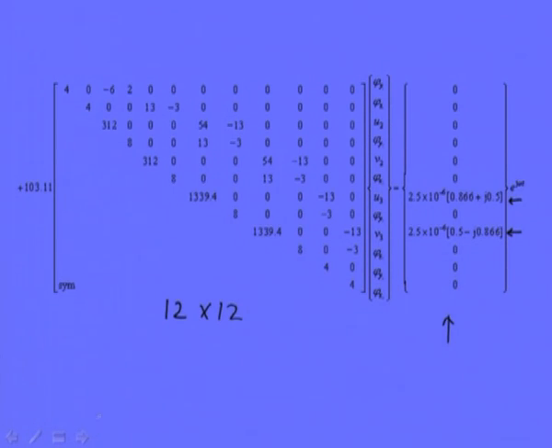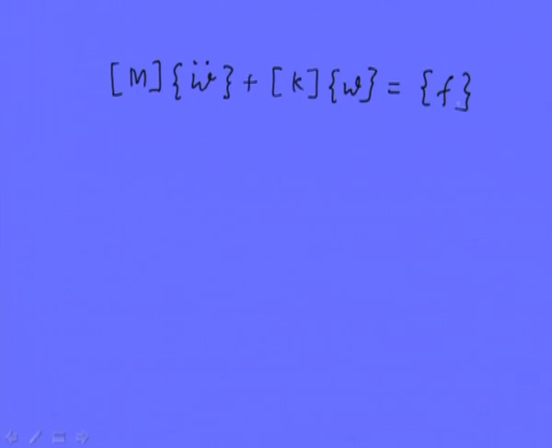And now this particular equation is in this compact form, which is the standard dynamic equation, and it contains the force also. In the previous case only free vibration was there, so this force term was not there.